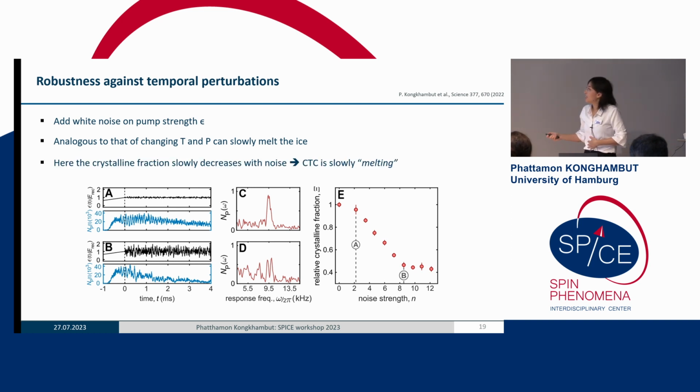Here, if we add noise on the strength of the pump, and we choose white noise, and increase it, you see that the crystalline fraction within the peak starts to break down. If you plot the fraction within the peak, it slowly melts, or reduces, with the noise strength. And this is how we can show there is a plateau, that it's robust, and then it slowly melts.